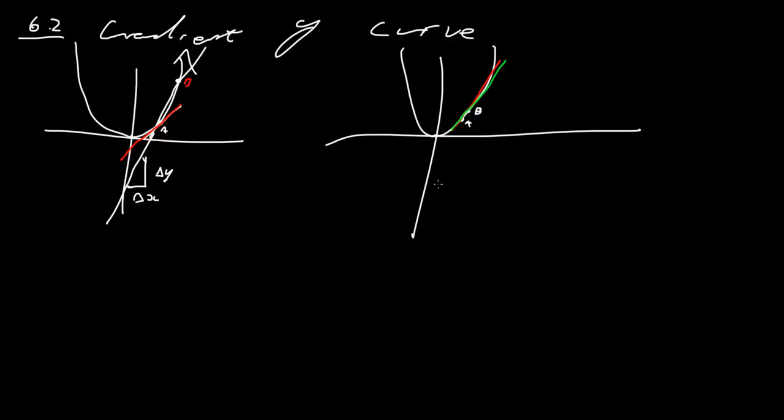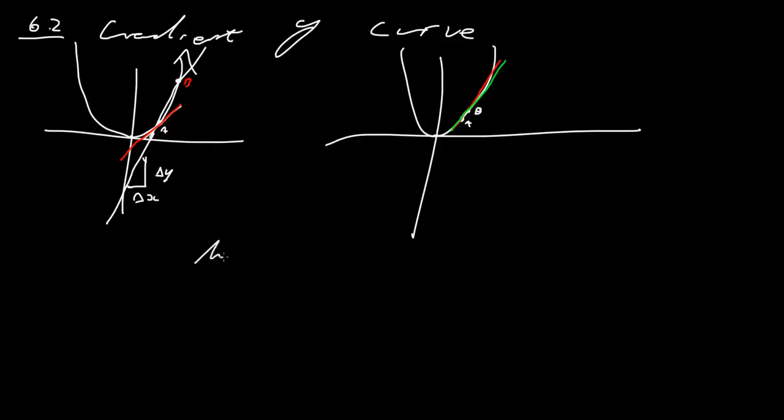So the whole point of this gradient story is to select points A and B very, very close together. And when you do that, you can get the gradient very accurately using a straight line. Your book gives a whole explanation, but we're in a hurry.